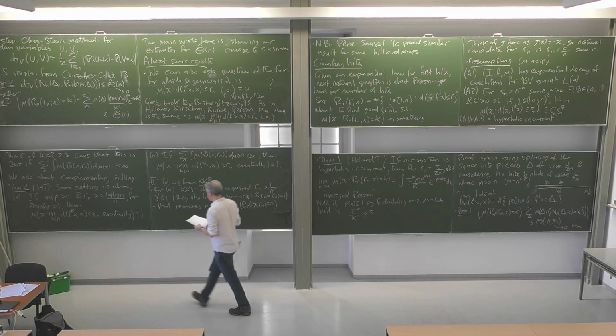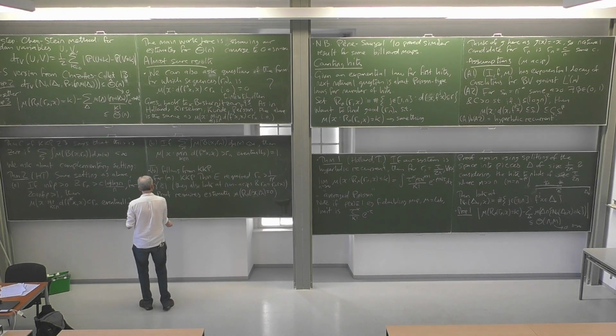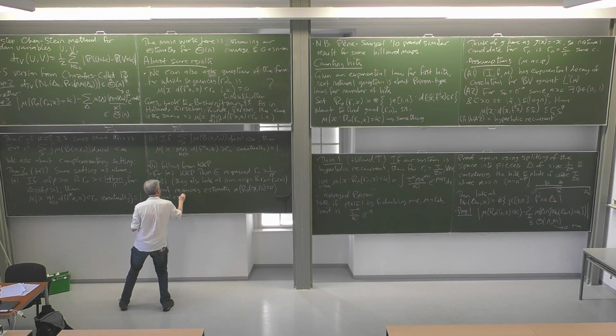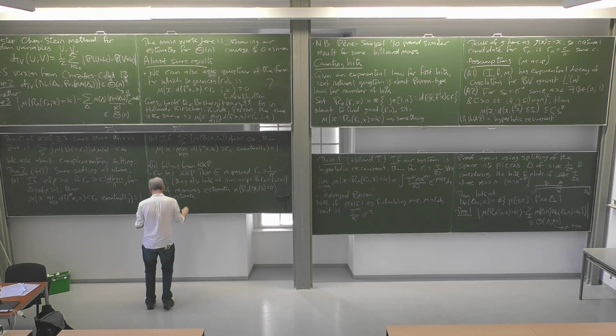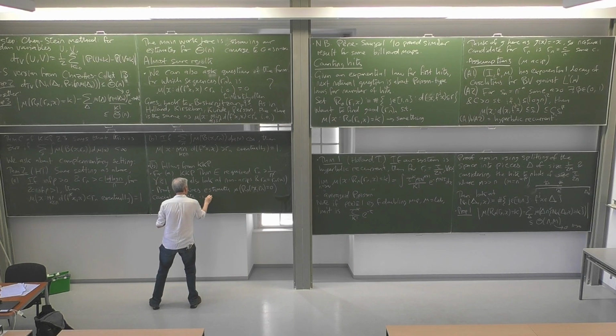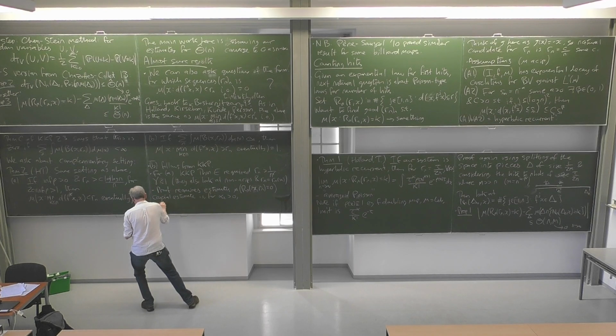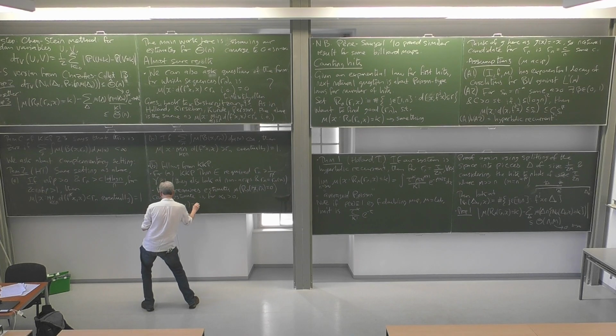And the crucial estimate is, for some alpha 2, I'm calling it alpha 2, anyway. That's what we call it in the paper. Mu of Rn x is equal to 0.